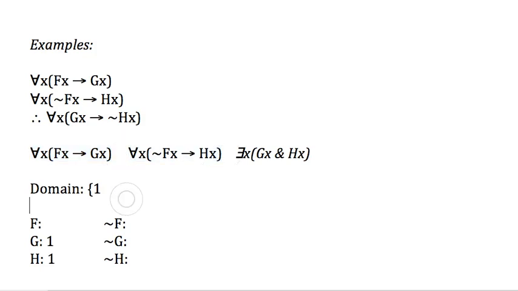Well, start with this one. If the number 1 is the only thing in our domain, then everything in the domain, all one thing, fits this description. Because 1 is a G, that means if 1 is an F, then 1 is a G is true. That's just how the truth table works. So if we stopped here, this formula would be true.